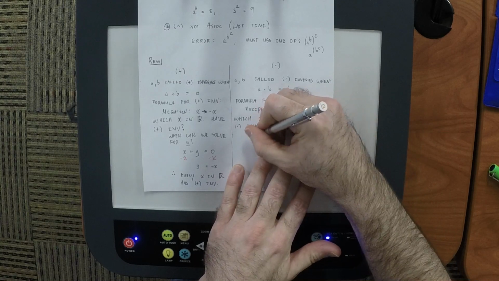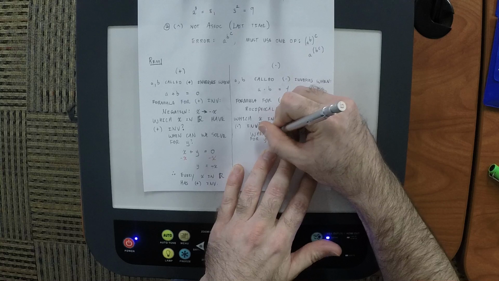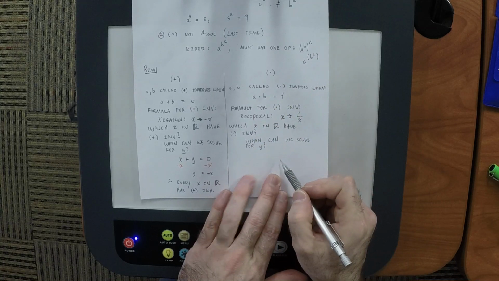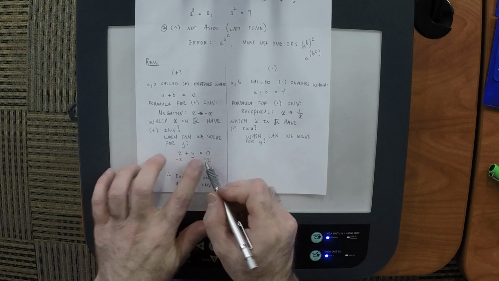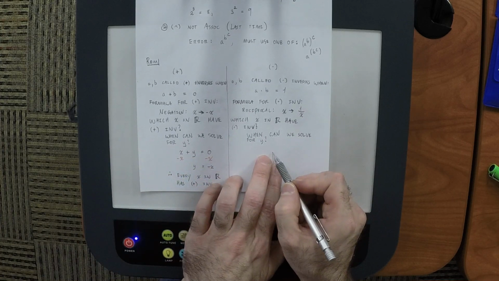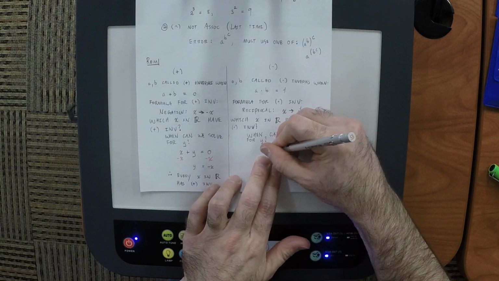So when can we solve for y? And what is the corresponding equation? So instead of x plus y is 0, what do we have? X times y equals 1.